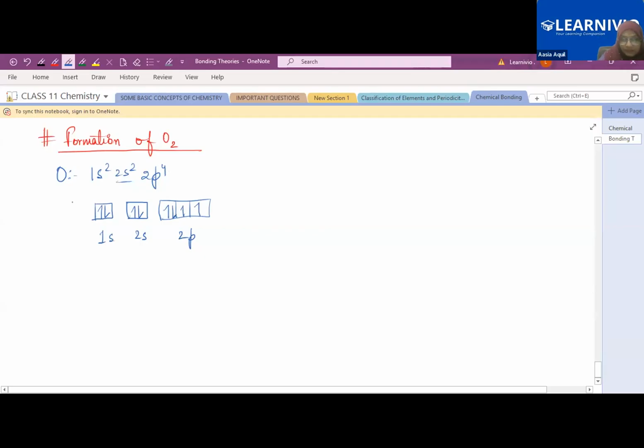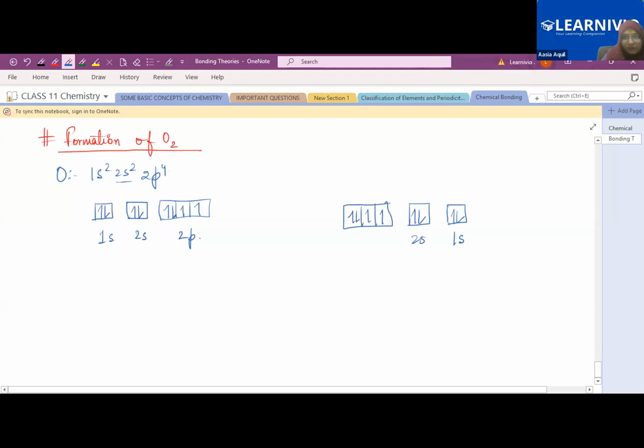This is the first oxygen. Similarly, the second oxygen will come. This is your 2s, this is your 1s. See, there is no need to draw the 1s. Basically, we just draw the outermost subshell. So this is 2s, and this is your 2p, 1, 2, 3, and 4.